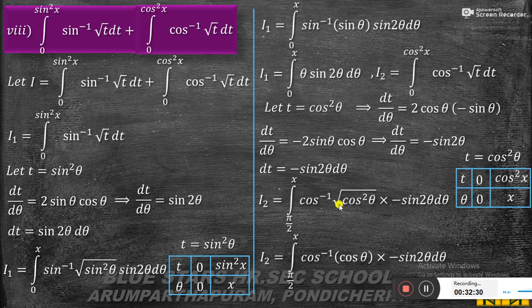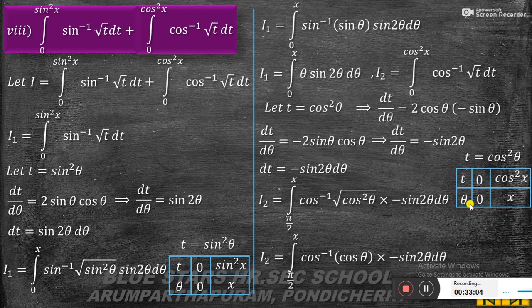I just do the cross multiplication, dt equal to minus sin 2 theta d theta. Now I write the limit. The t limit is 0 to cos square x. So I substitute t equal to 0, then cos theta value is also 0. Next I take t equal to cos square x, so cos square x means theta equal to cos inverse of cos square x, its value is x.